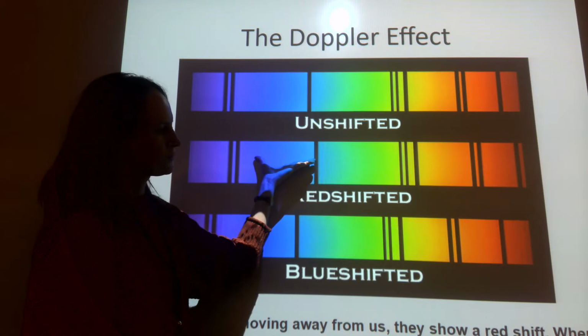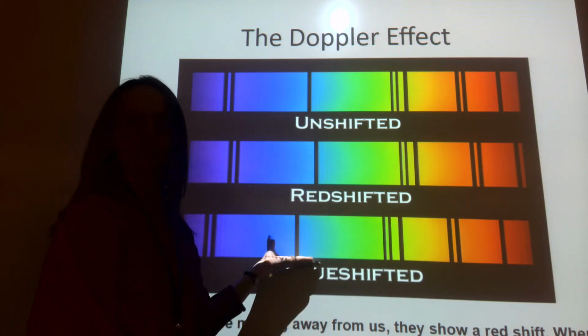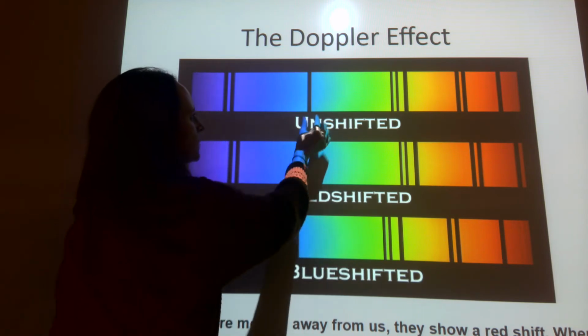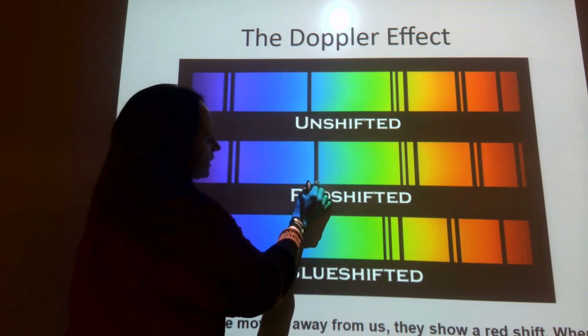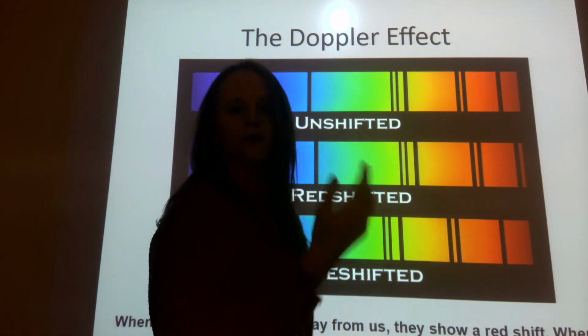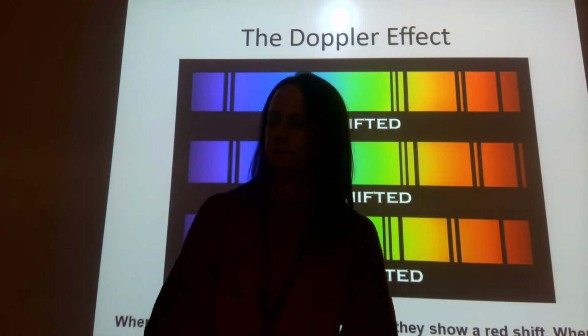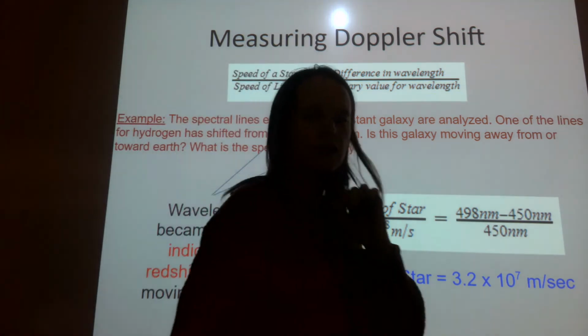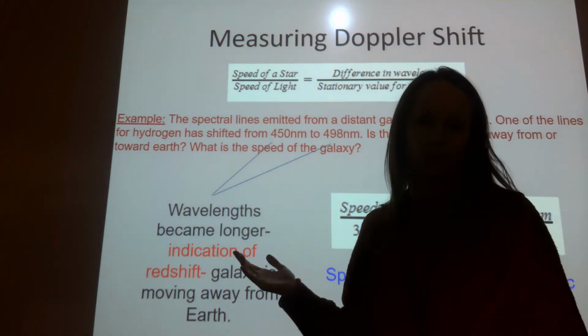So this is a red shift star example, this is a blue shift star example. We can take how far that line has shifted and use it in an equation to figure out speed.